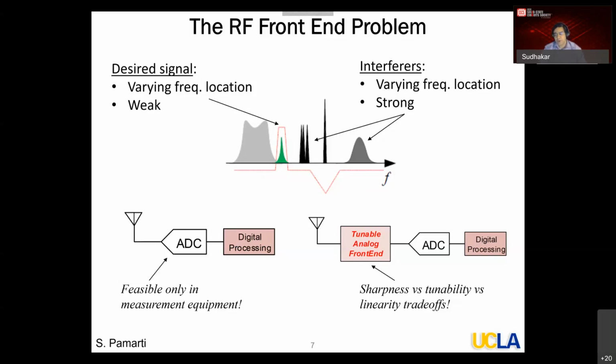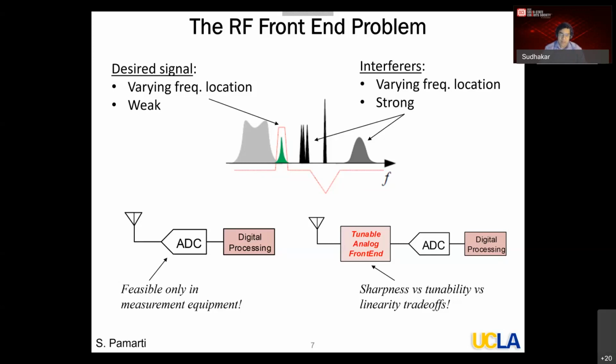Perhaps the biggest problem is that while you are filtering, you don't want to incur substantial nonlinearity, because if you incur substantial nonlinearity, then these interferers can fold back on top of the desired signal. And since the interferers are very strong, they could overwhelm the signal even before you do any further digitization and so on. So this is the RF front-end problem.